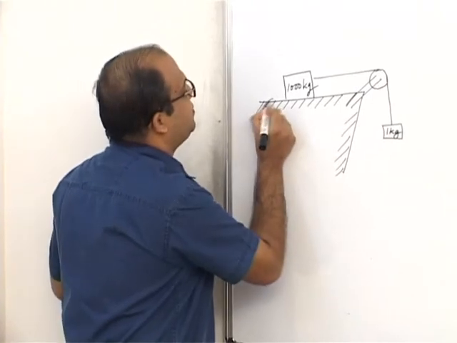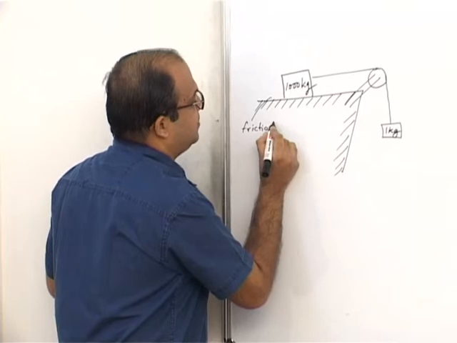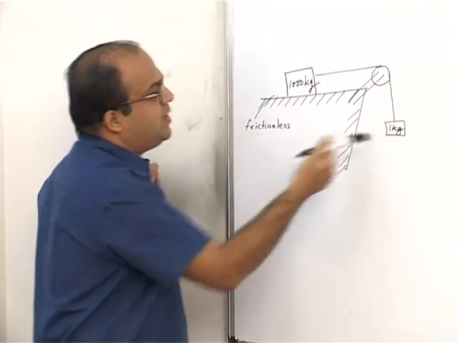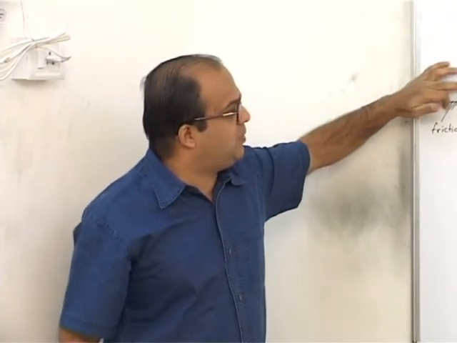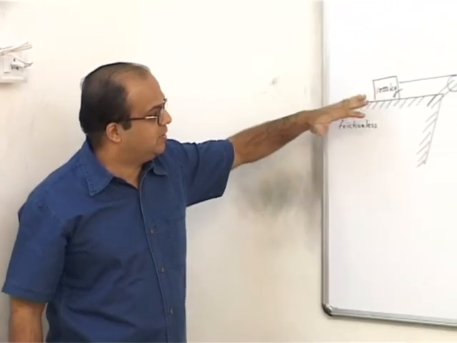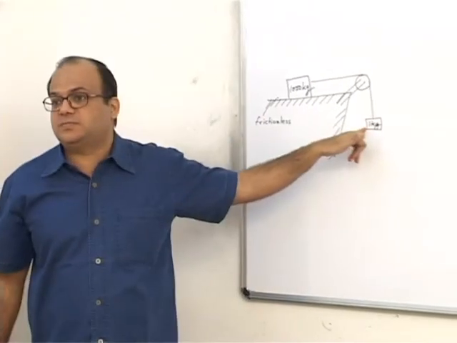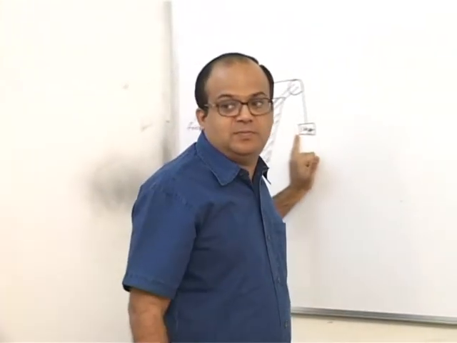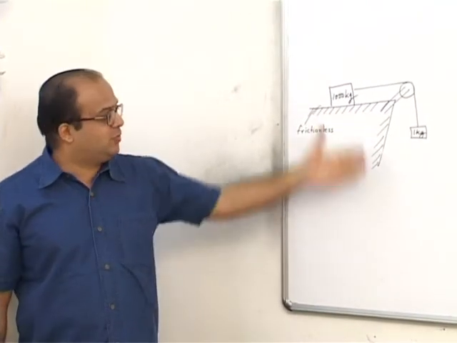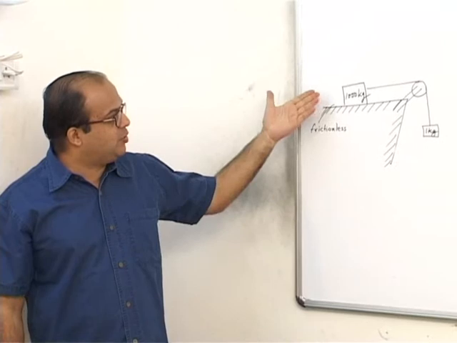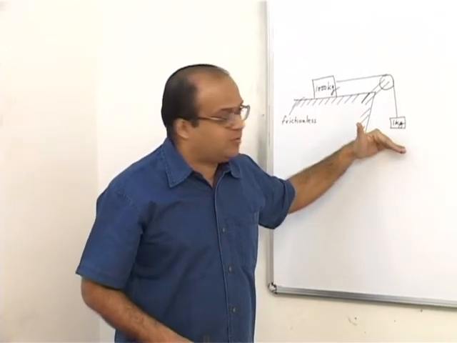This surface is frictionless. This is a 1 kg block and this is a 1000 kg block. Will the 1 kg block accelerate down? Yes or no? This is 1000 kg and that is 1 kg. So will the 1 kg block be able to make the 1000 kg block slide this way and come down?